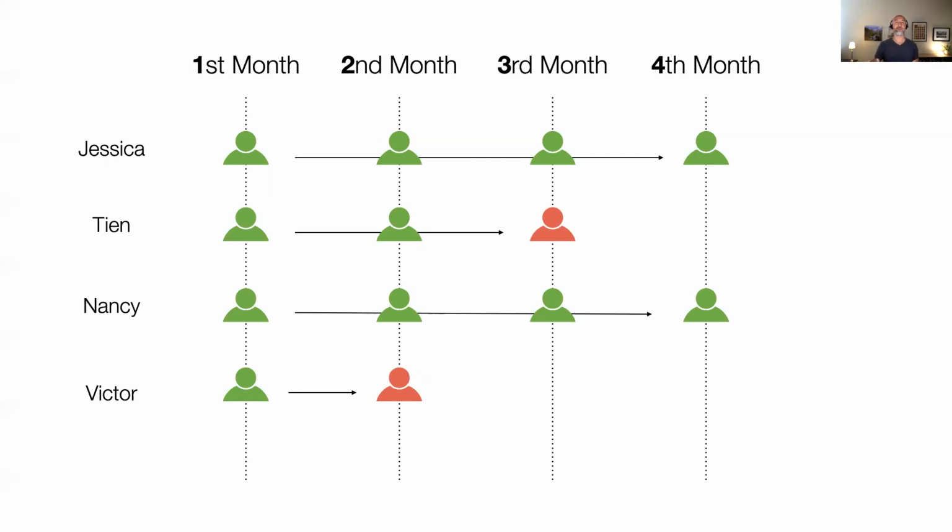What we care about is how long has passed since they started using or converted. So we change that unit to first month, second month, third month, and fourth month, instead of January, February, March.